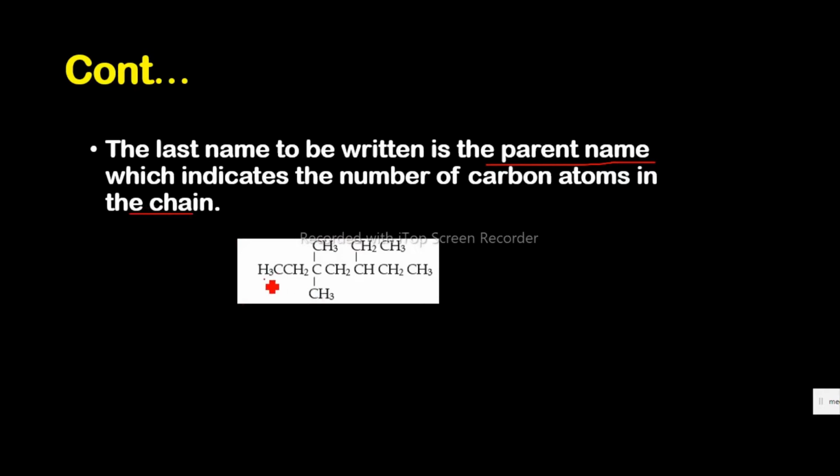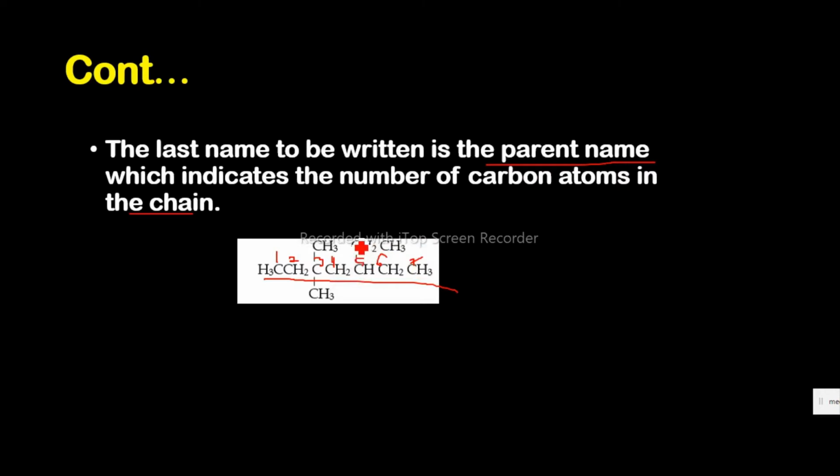So the first thing you do, you identify the longest chain, okay? In this case, the longest chain, if we consider this to be carbon 1, and this to be carbon 2, and this to be carbon 3, 4, 5, 6, and 7. How about if we take this direction? Is the carbon chain going to be the same?